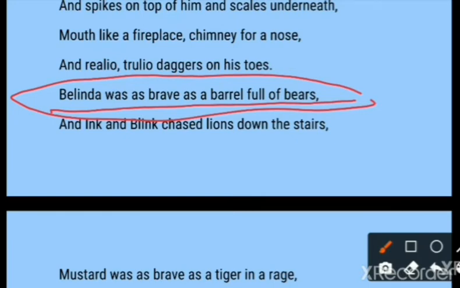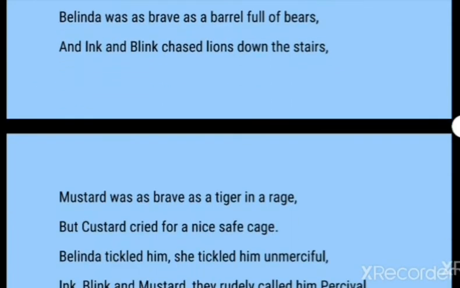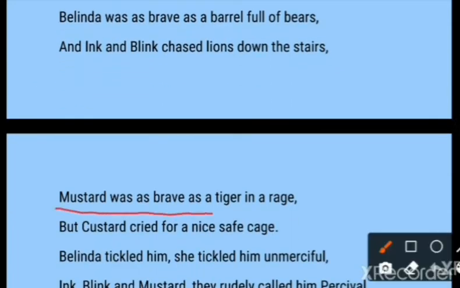Because Belinda's bravery is compared to that of a barrel full of bears, and it is simile here. And here again simile has been used when it says Custard was as brave as a tiger in rage. So Custard's bravery is compared to that of an angry tiger.